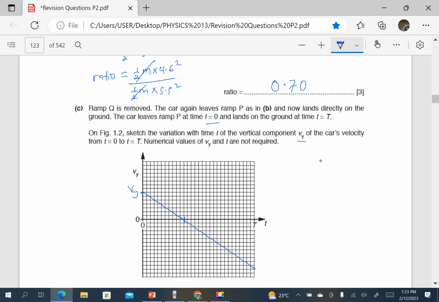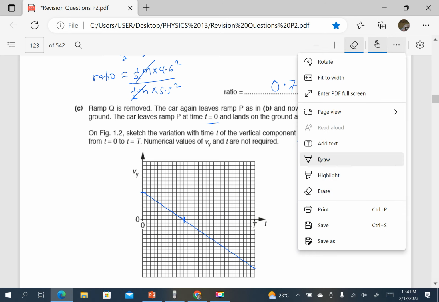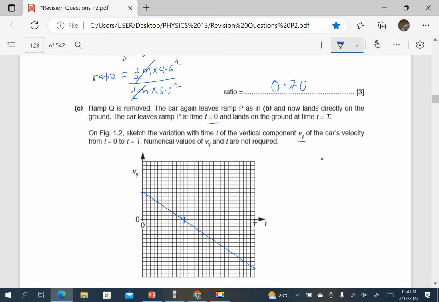It will touch at t on a higher value of V than it started at t equals to 0. So I will not need to put that there. So it will be a straight line from a positive value of V at t equals to 0 to a negative value of V in the vertical.